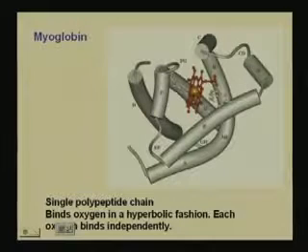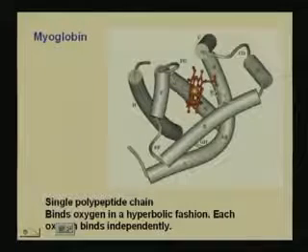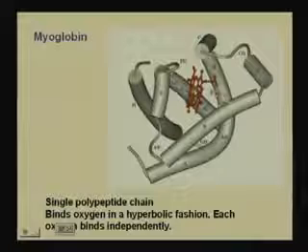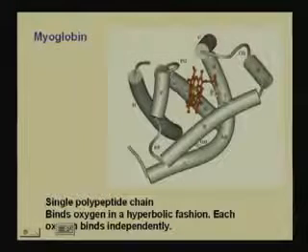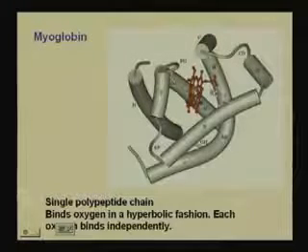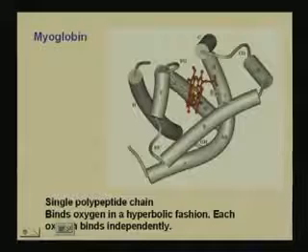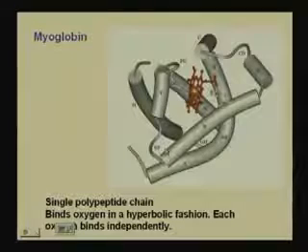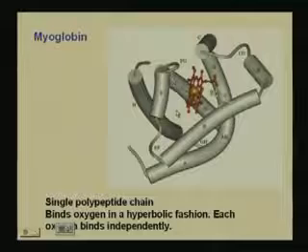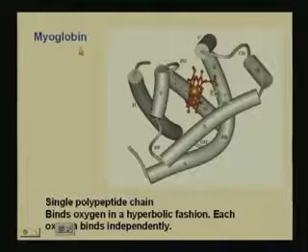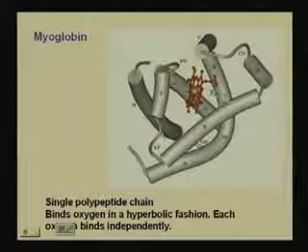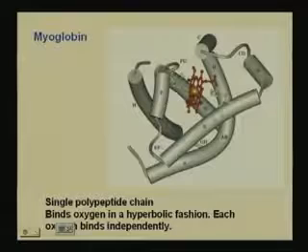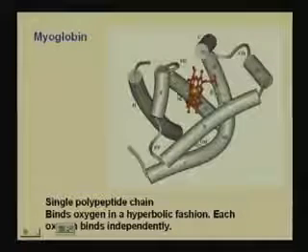So what we have in myoglobin is a single polypeptide chain, a single heme attached to it, so it will bind one oxygen molecule. Each heme binds an oxygen molecule, and the fashion in which it binds is called a hyperbolic fashion, which we'll see what it means in a minute and how it is important in the functioning of myoglobin. Because we have to remember that the structure of myoglobin obviously is going to dictate its function.